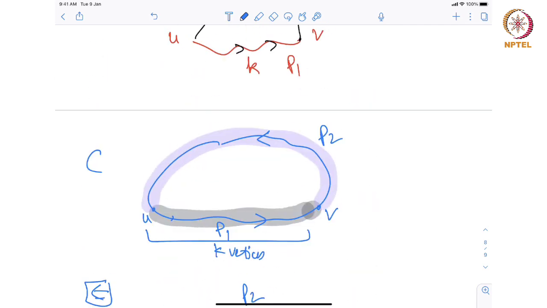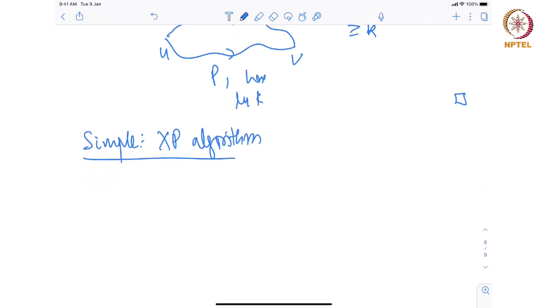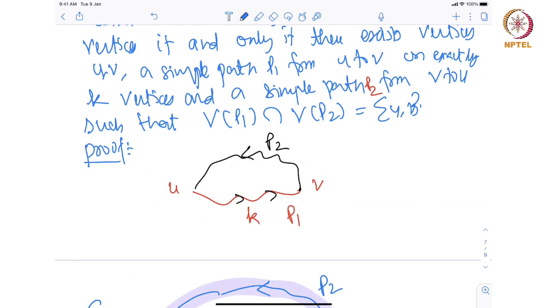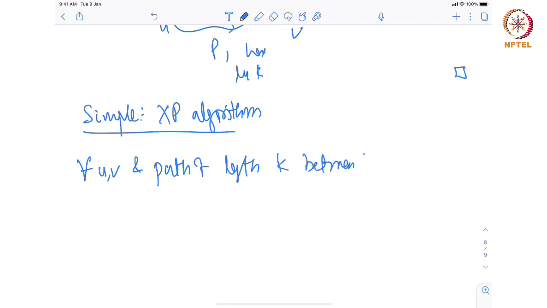Now, notice that this lemma tells us a simple XP algorithm at least. What does it tell us? For all u, v and a path of length k between them, say P, you enumerate all the paths.